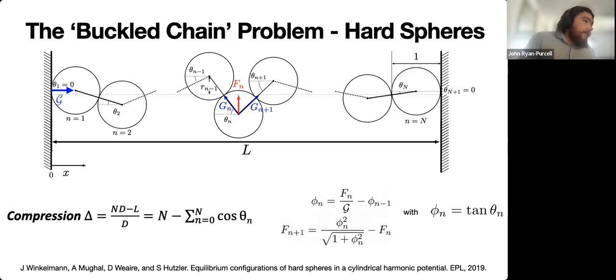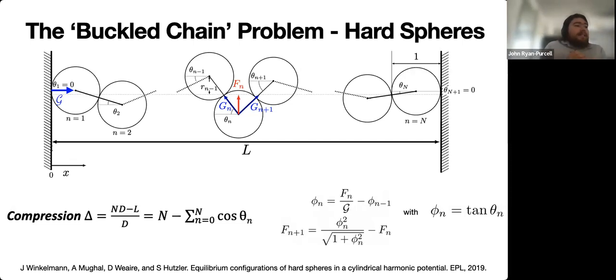An important quantity to note here is the compression, which is simply the difference between the natural length of the chain, n times d, n being the number of spheres and d being their diameter, minus the current length of the chain, L. You can also calculate this by summing over the cosines of the angles of the spheres, if the sphere diameter is 1.